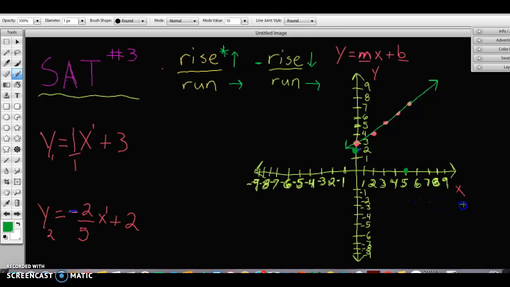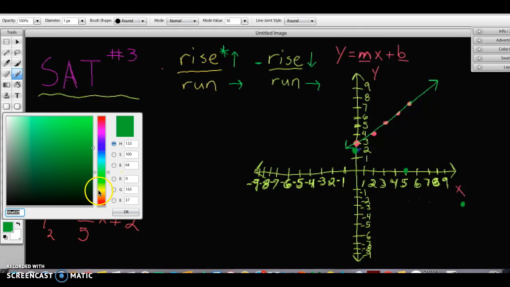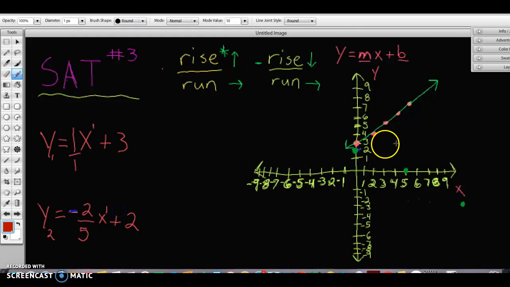So you see it goes off the page. All right, and so you can see we have a line here. Go ahead and connect those dots there. There we go.